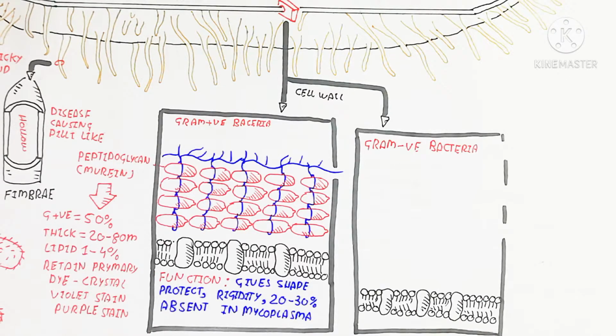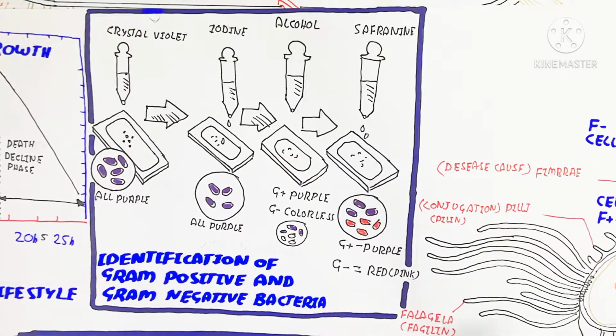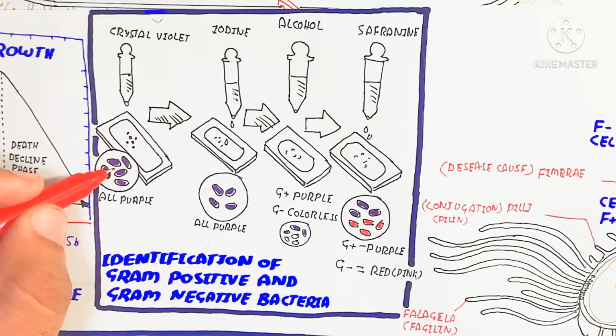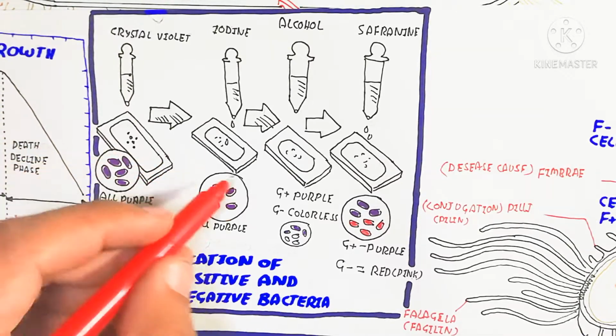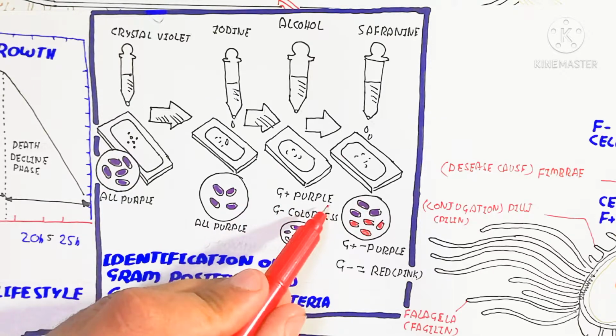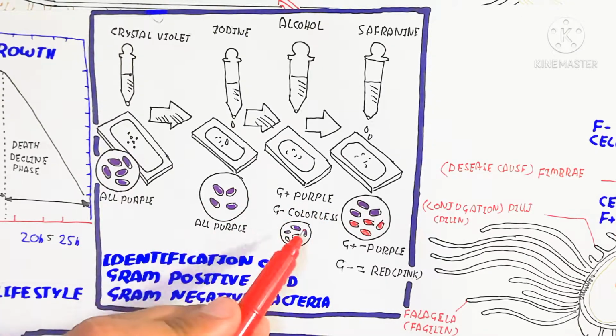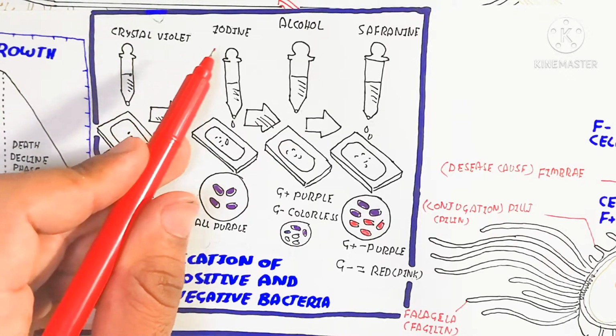They retain the primary dye, crystal violet, and stain purple. The crystal violet is allowed to enter and produces all purple. So the gram-positive bacteria retain their primary dye.